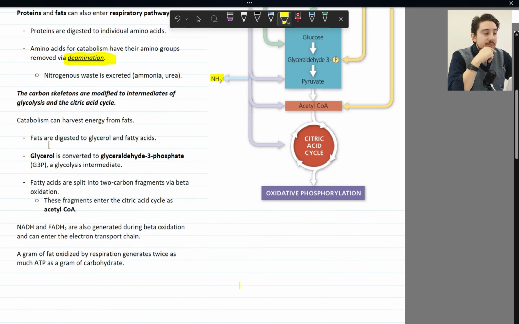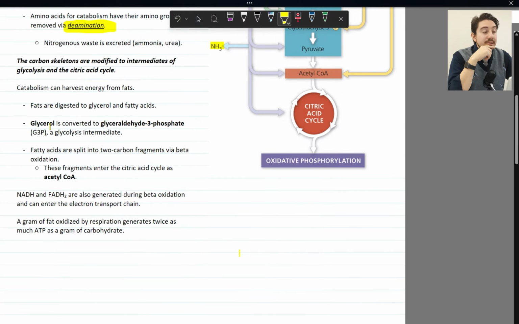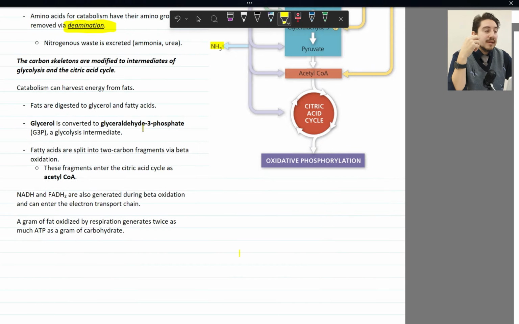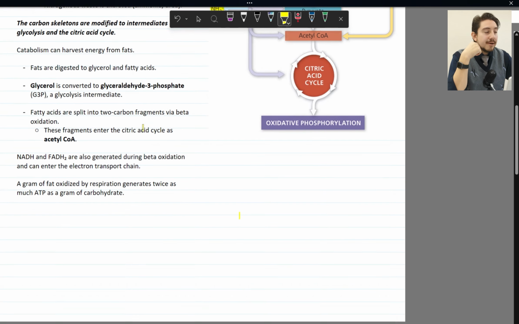So catabolism can harvest energy from fats. Fats can be digested, as I showed in the diagram before, broken down to glycerol and fatty acids. Then the glycerol can be converted into G3P, that first initial 3-carbon molecule in glycolysis.